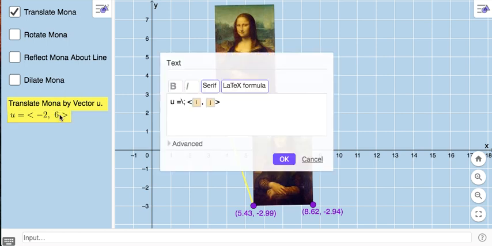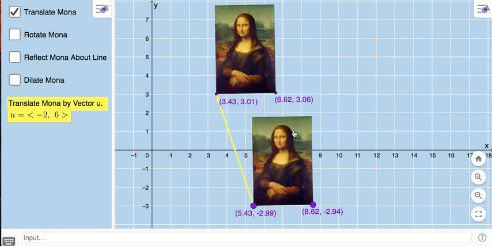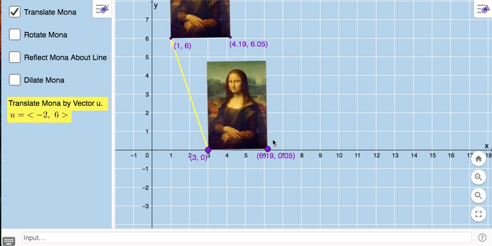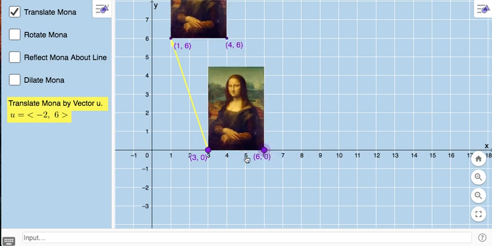This can be something that's slightly new, but notice that if I were starting with this pre-image here, where the bottom left is (3, 0) and the bottom right is (6, 0), and I move all of these points 2 units to the left and then 6 units up, the point (3, 0) is now moved to (1, 6).